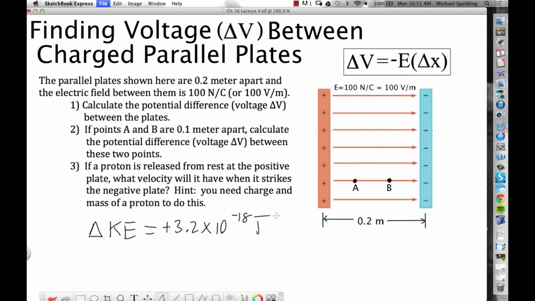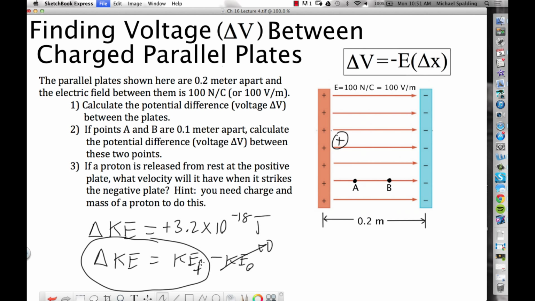It's the same as the loss of potential, right? What's change of kinetic? Change of kinetic is going to be kinetic final minus kinetic initial. Well, if the proton started at rest, what's the initial kinetic? 0. So the change of kinetic is equal to the kinetic final.